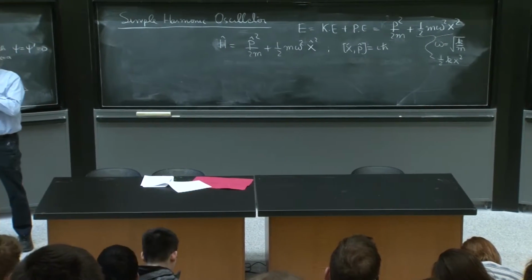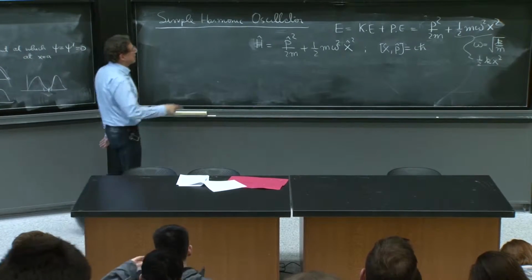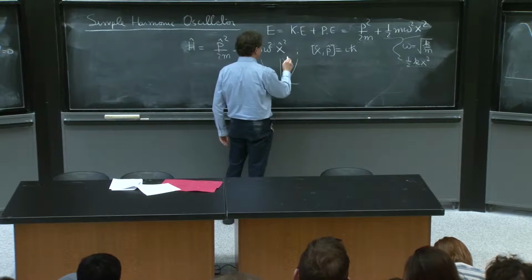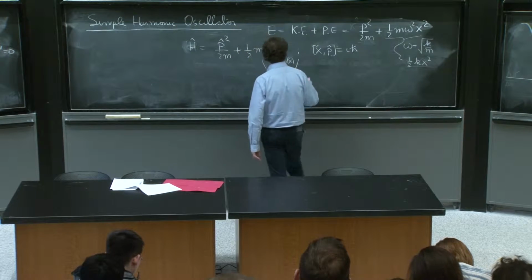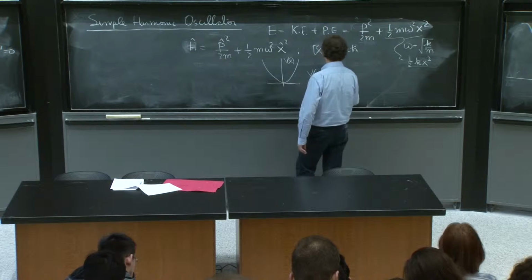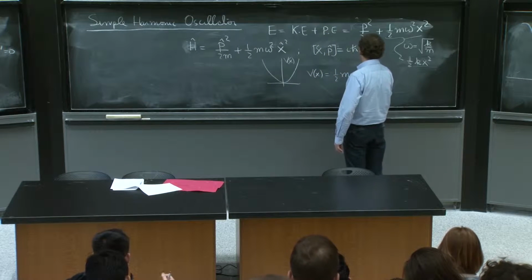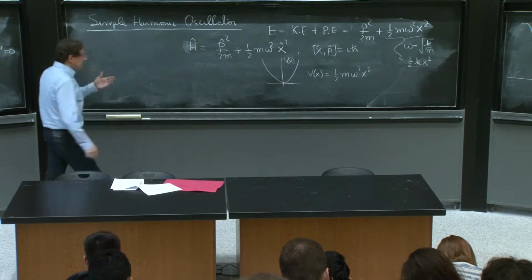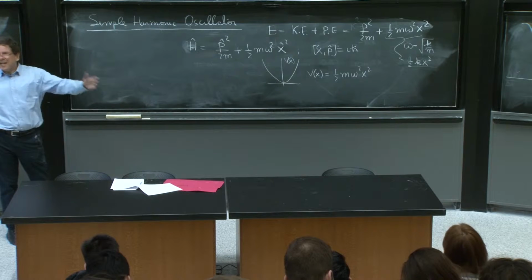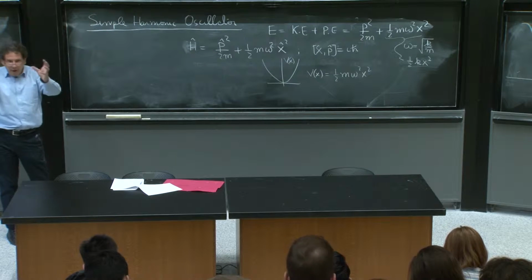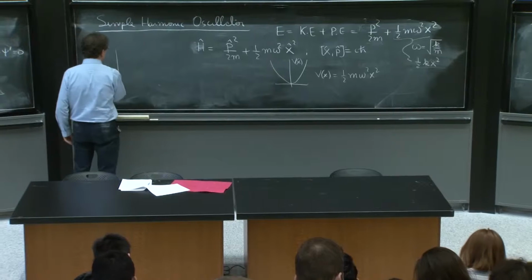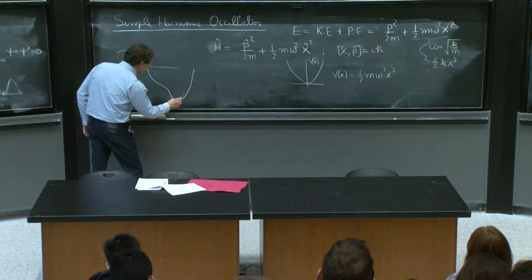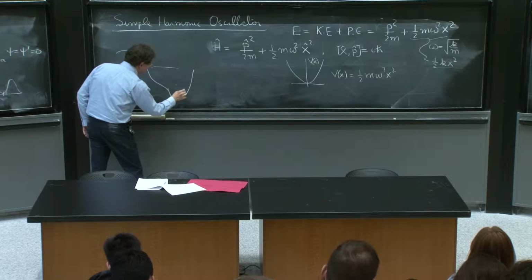Now, the reason this is also very ubiquitous is that this potential is exactly a quadratic potential, V of x is 1/2 m omega squared x squared, V of x without the hat. But this is a good approximation to almost any oscillating system in nature, because any potential that has a minimum has some parabolic approximation at the bottom.